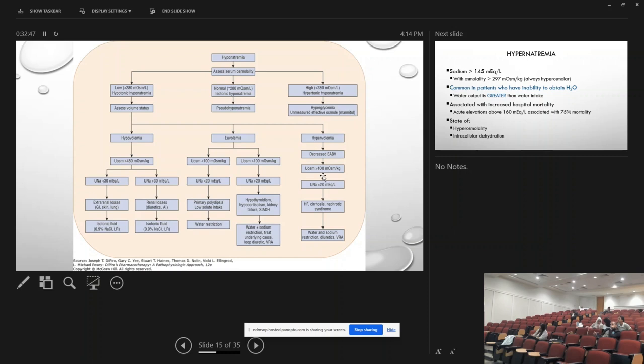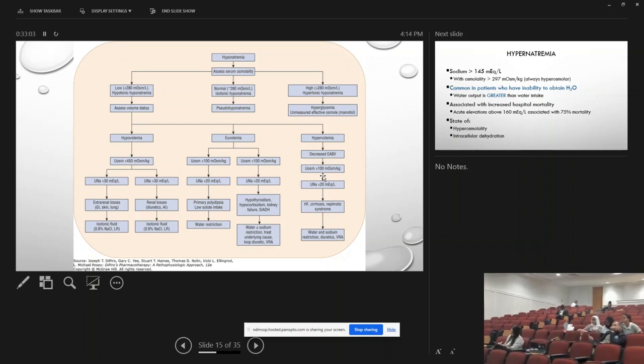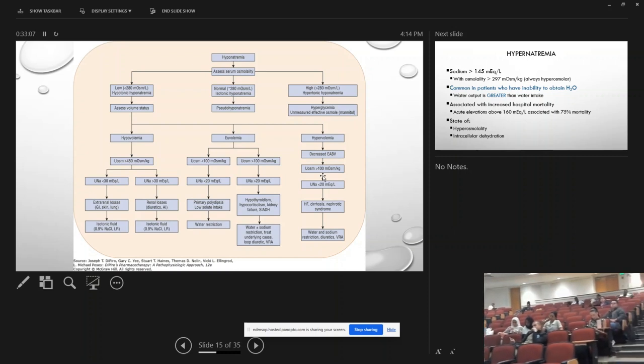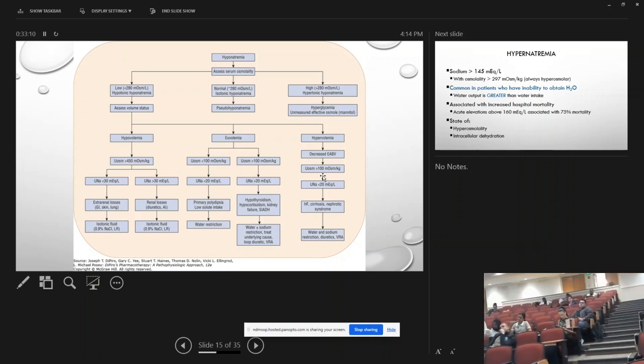Some type of defect, kidney disease, etc., or SIADH. So there you're going to do water and sodium restriction, and then in the hypervolemic, you'll do water and sodium restriction as well. So just a nice summary of the treatment there.